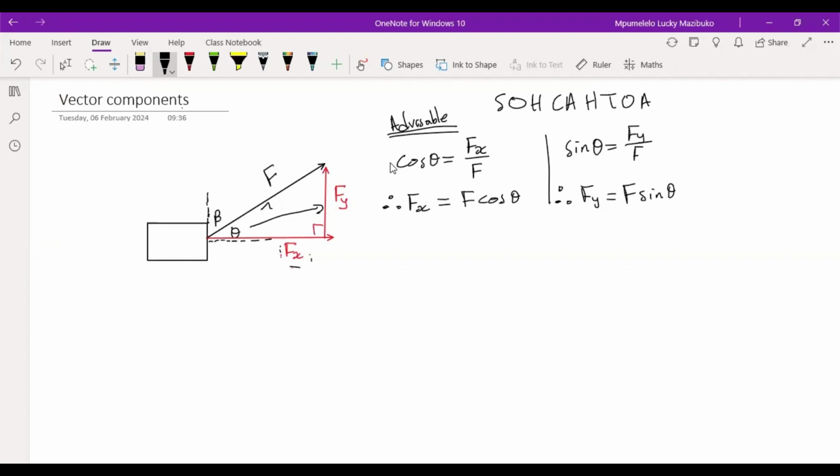Please note, if you decide to use beta, these things will be swapped around. The fx using beta would be f sine beta, because in this case the opposite will be your fx and the adjacent will be your fy, and your fy would be f cos beta.